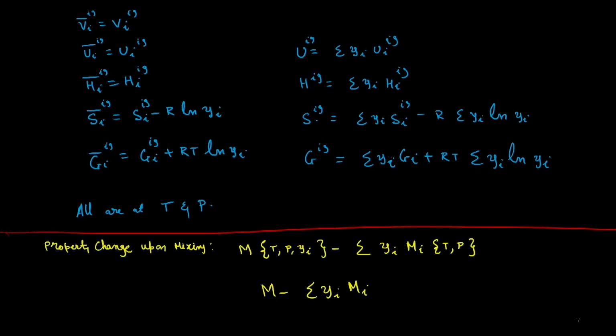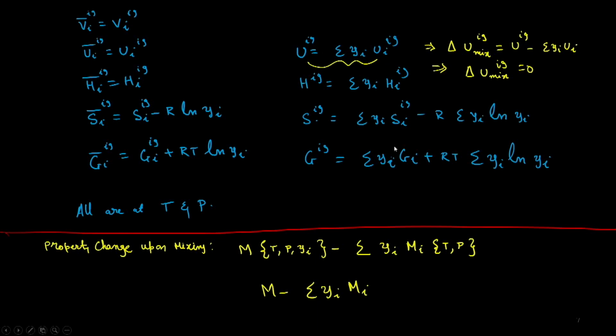So by looking at this expression, I can write the property change on mixing: delta U mixing of an ideal gas is U^IG minus sigma yi Ui. And because of this relation here, this automatically implies delta U mixing for an ideal gas is 0.